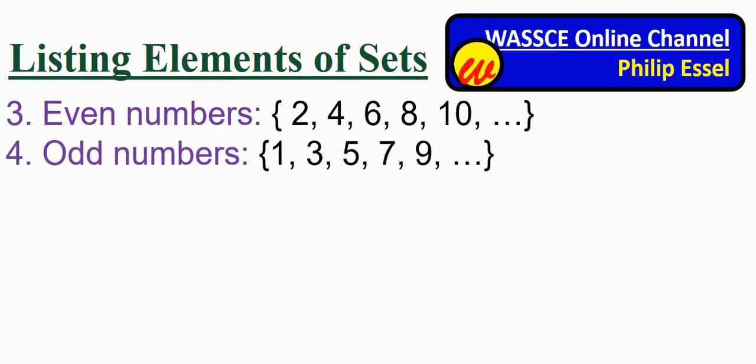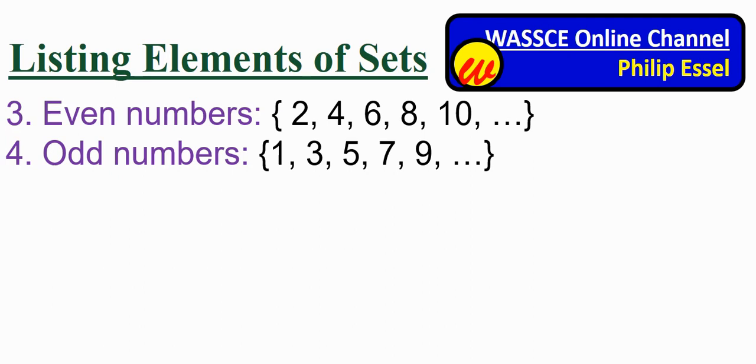Let's look at odd numbers. These are the numbers 1, 3, 5, 7, 9 to infinity. And I need you to remember that odd numbers are the exact opposite of even numbers.